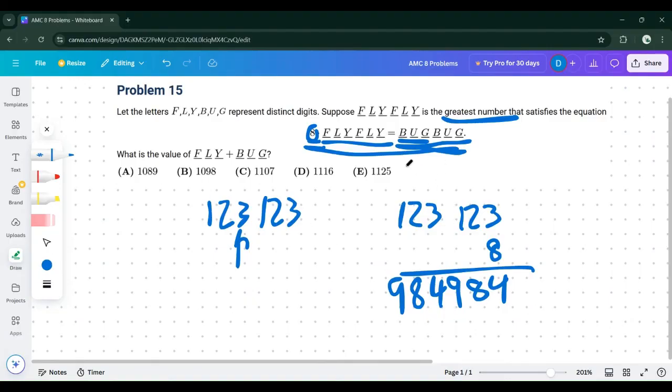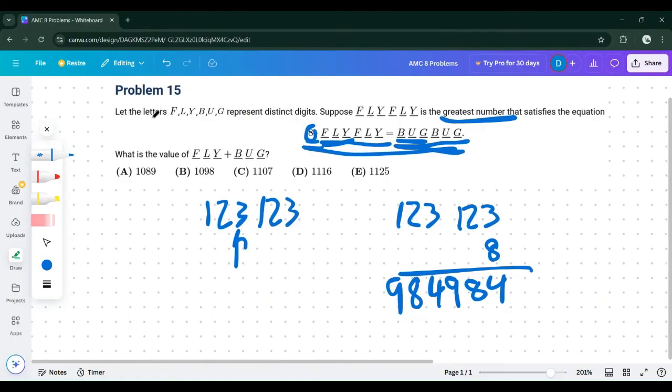And as you see here, B, U, G are distinct digits. B is 9, U is 8, and G is 4. That's what we're looking for. So these all satisfy the requirements of the problem. FLY and BUG are distinct digits, and it's the greatest number possible.